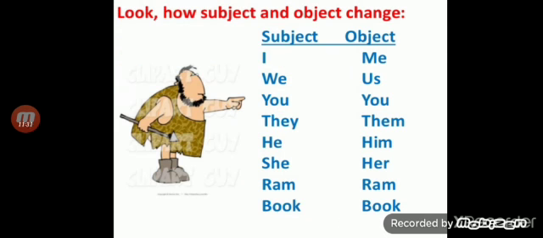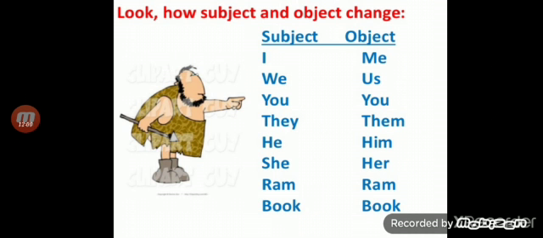Look here at how subject and object change in the voice, especially pronoun and noun. While we are changing sentences from active into passive and passive into active, we must follow these changes.